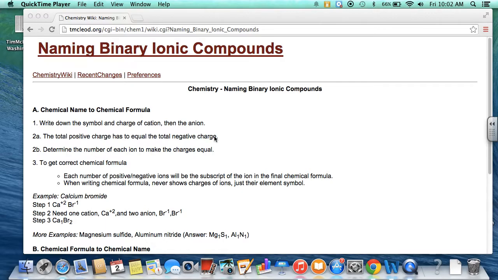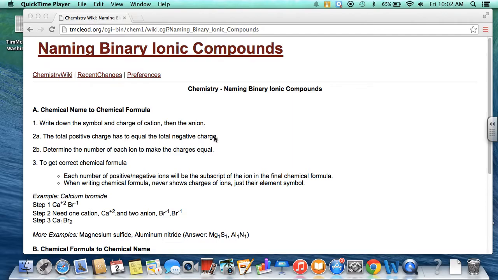So the subscript for the anion is the number of anions you need so that when you add up all its total negative charge, it equals the total positive charge. That's how you determine subscripts in ionic compounds. They are simply the number of ions you need so that the total positive charge is equal to the total negative charge. This type is called a binary ionic compound, which means that the cation and the anion come from just elements.